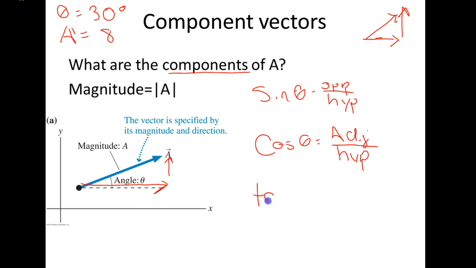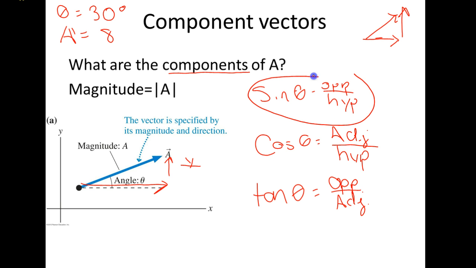And I know that tangent of theta is equal to opposite over adjacent. And so I've got to choose, okay, what do I have here? I've got a theta, and I've got a hypotenuse, and let's say that I'm going to ask you first for, well, what is the y component of this? In this particular triangle, the y is the opposite side, and so that leads me to the sine function.